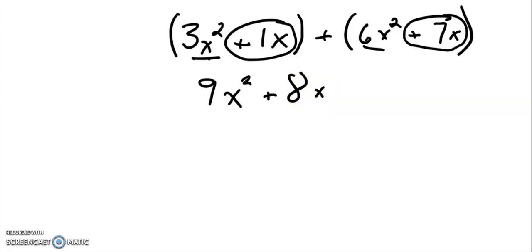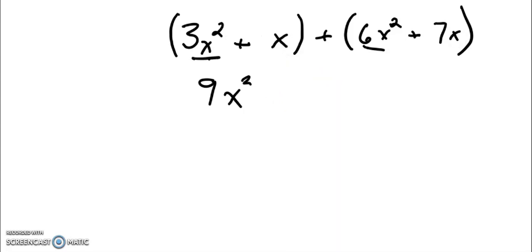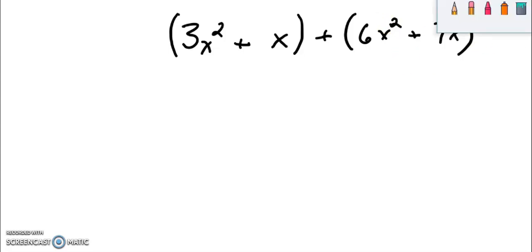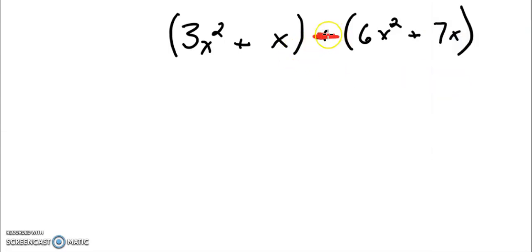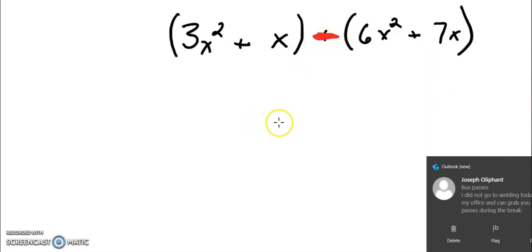If instead of addition, we make this into subtraction, okay, what do we do then?